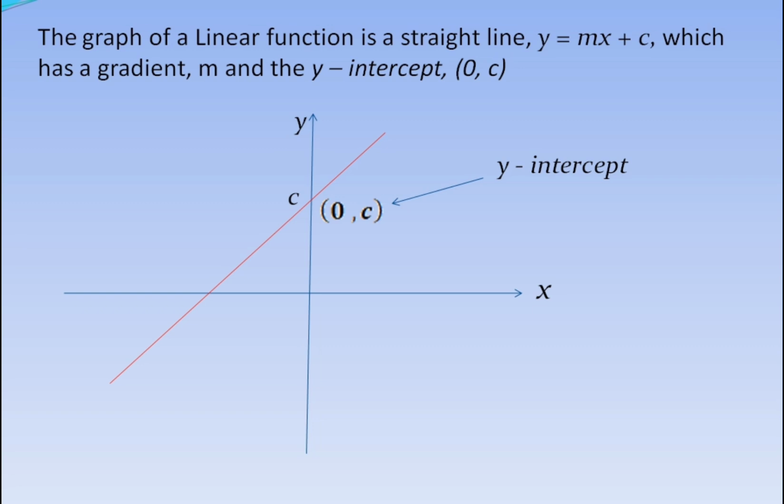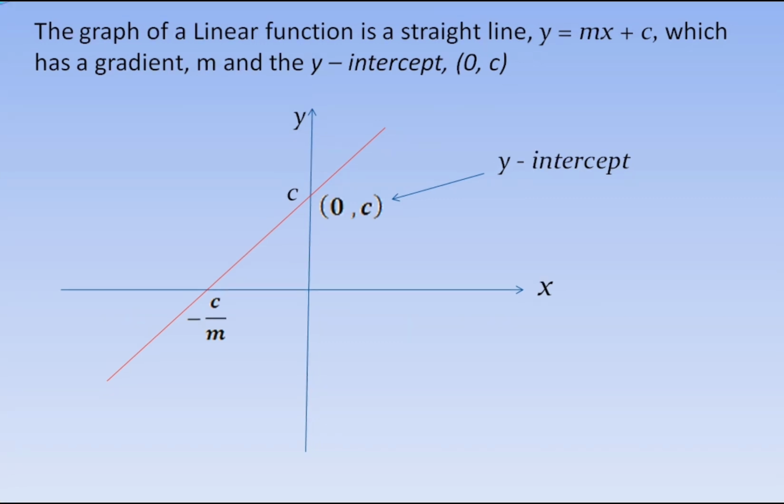Now let's look at the x-intercept part, where we have the point negative c over m. If you take the relation y is equal to mx plus c, then for the x-intercept, my coordinate will be negative c over m, and then 0.